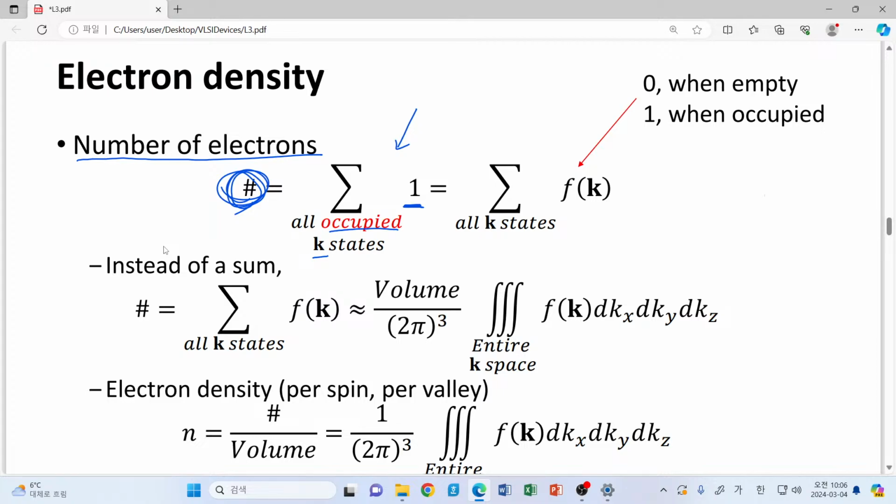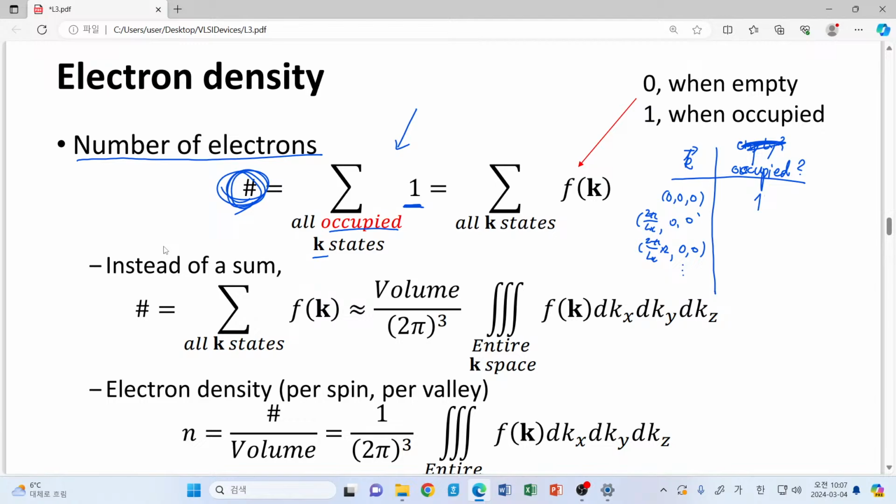You may have this kind of thing, empty, occupied. You may say 0, 0, 0, and also 2 pi over Lx, 0, 0, then 2 pi over Lx times 2, 0, 0. You have a list of available states in your discrete K-space, and you may also have some numbers.